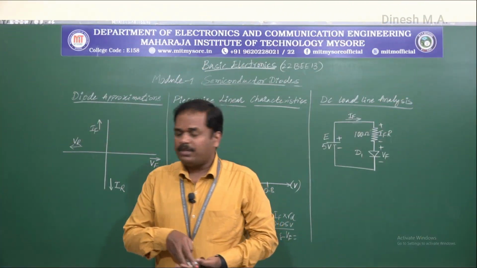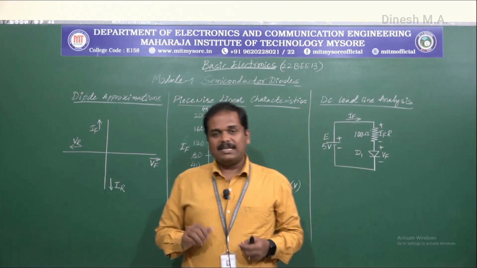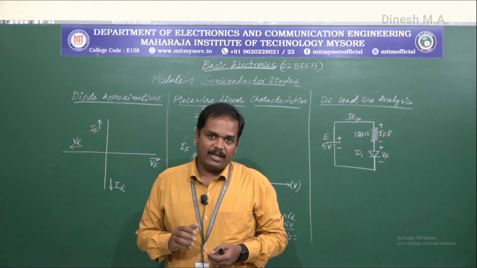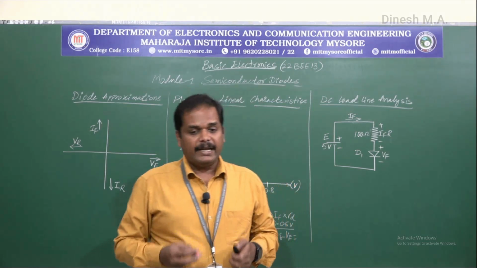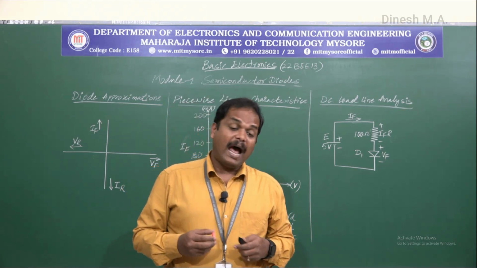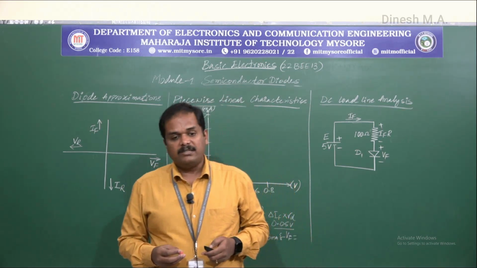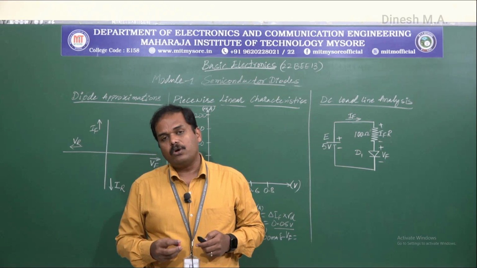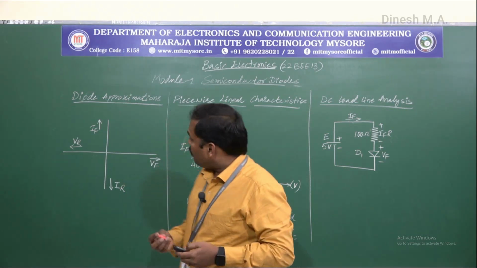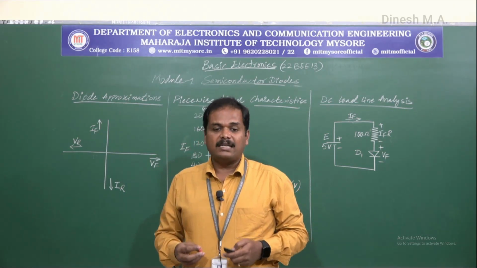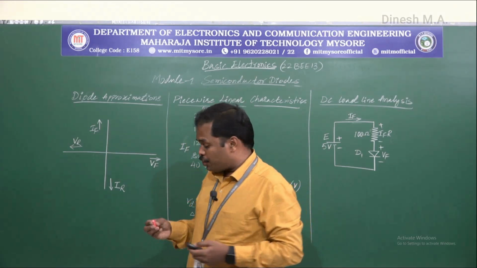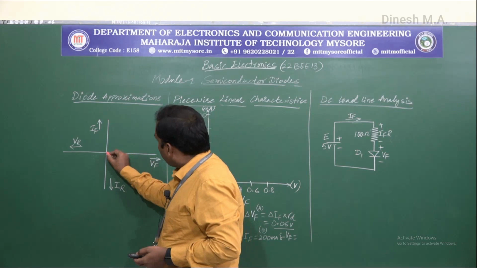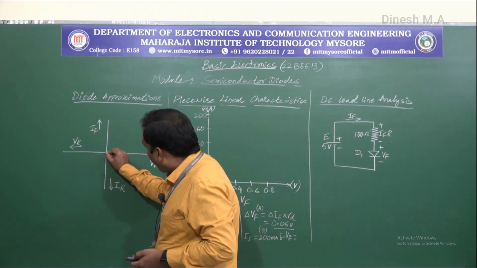So now coming to the diode approximations, let us consider the ideal diodes first. Now when we say an ideal diode, it would have zero forward resistance and zero forward voltage drop. So because this ideal diode has zero forward resistance and zero voltage drop, the characteristic would start at the origin.